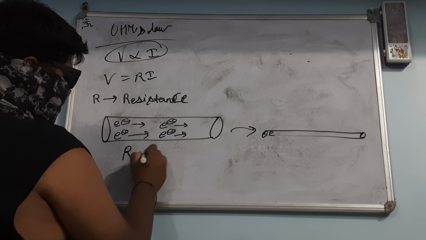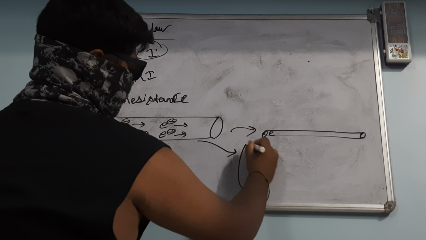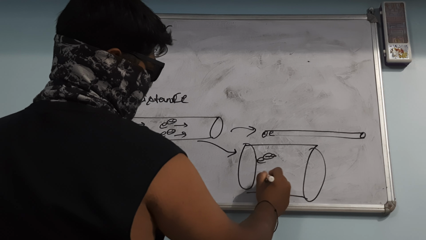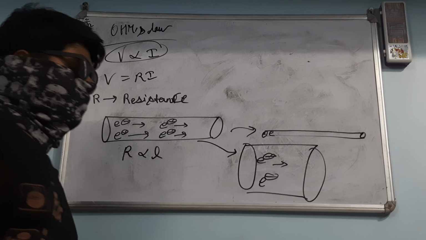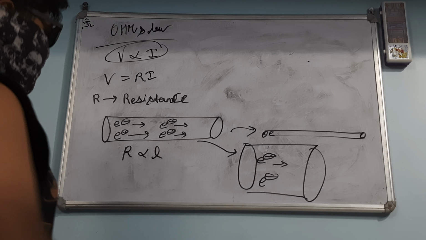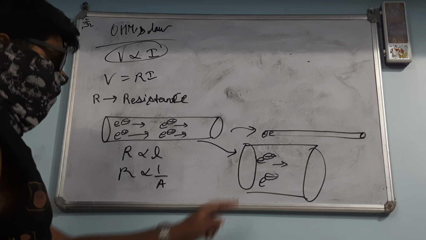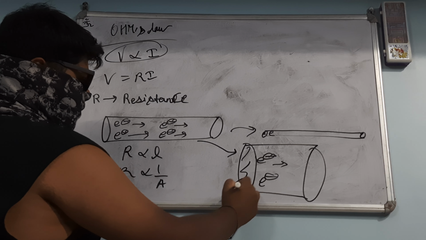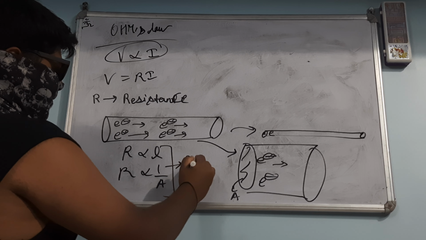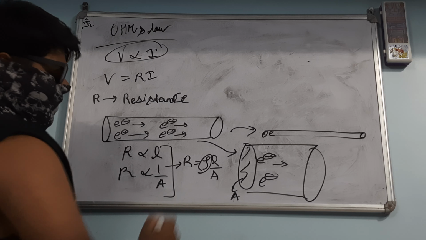So resistance is directly proportional to L, and if we increase the area of this conductor, the electrons have a lot of area to play. So there will be less collision, and hence the resistance will be less. So resistance is inversely proportional to 1 by area. This is the area of the conductor. So we will plug this in and we get R is equal to rho L by A. This is resistivity.